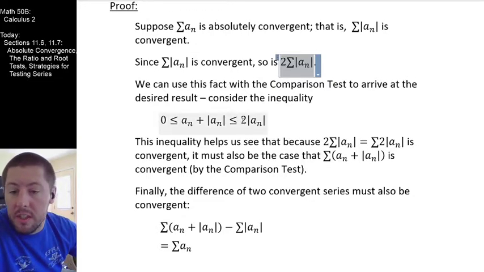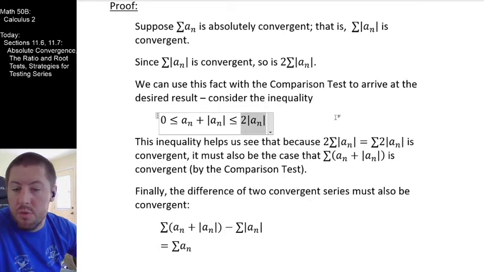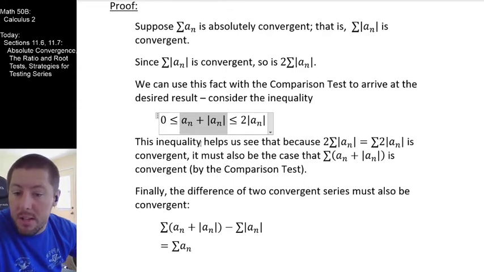So we are all currently in agreement that this is representative of the terms of an absolutely convergent series. You should notice that these terms are guaranteed to be greater than or equal to these terms. And since this converged absolutely and is larger than all of these terms, therefore a series of a sub n plus the absolute value of a sub n must also be convergent.